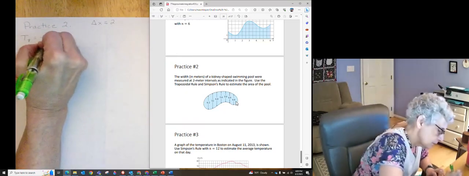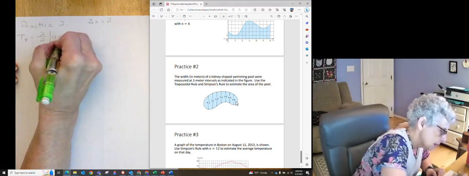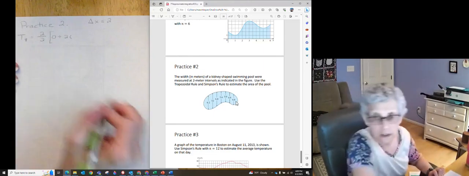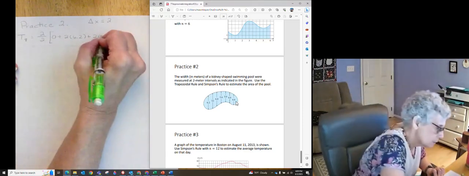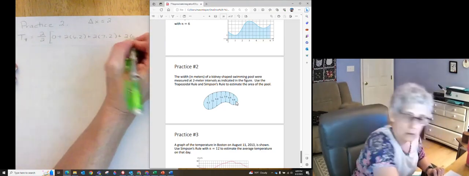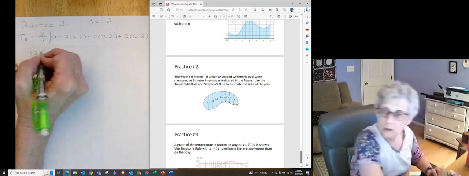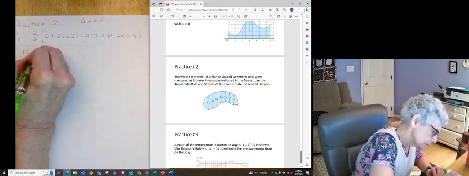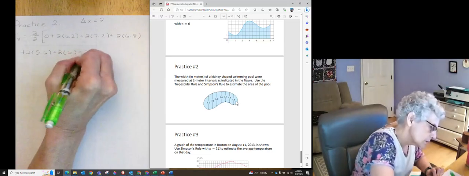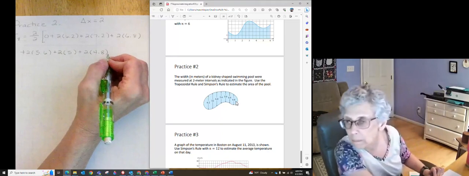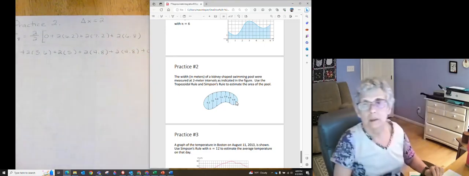So I have delta x over 2 times the first input is 0, 2 times 6.2, plus 2 times 7.2, 2 times 6.8, 2 times 5.6, 2 times 5, 2 times 4.8, 2 times 4.8, plus 0.